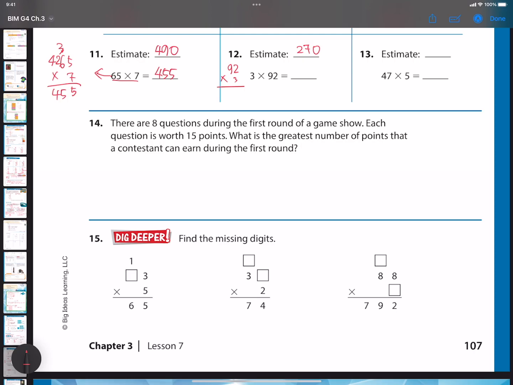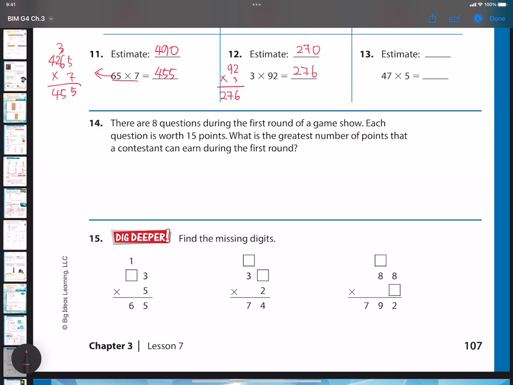Now 3 times 2 is 6, and there is no regrouping, right? What about 9 times 3? 27. So the answer is 276. Your product is very reasonable, since your estimation is 270.